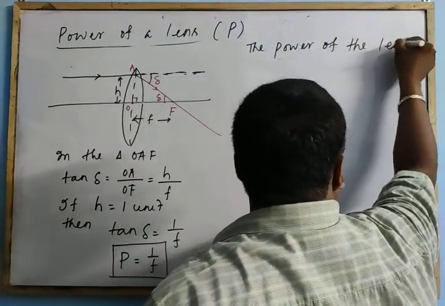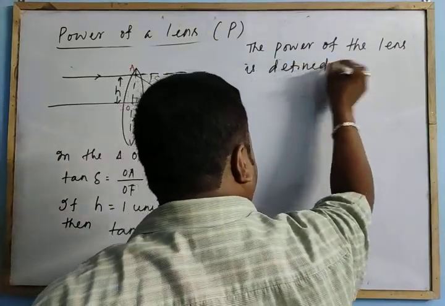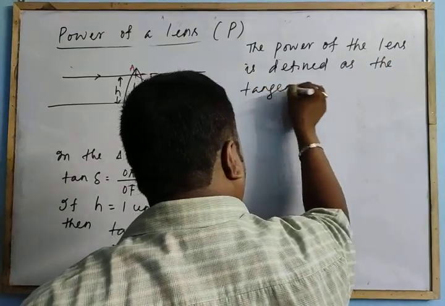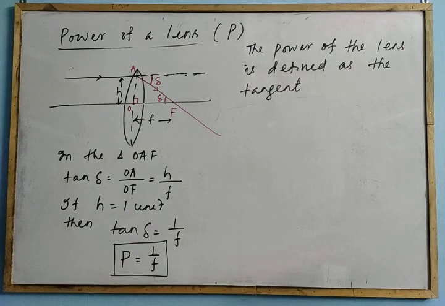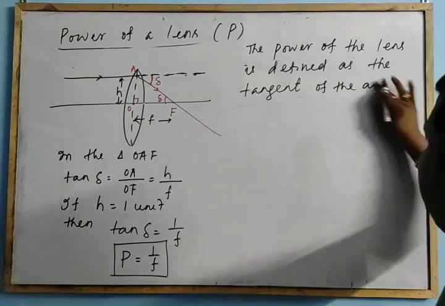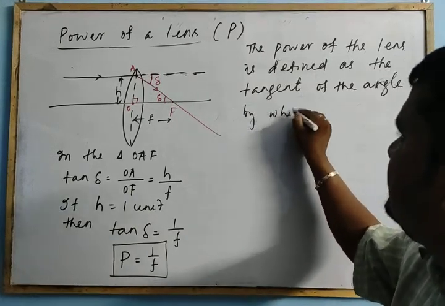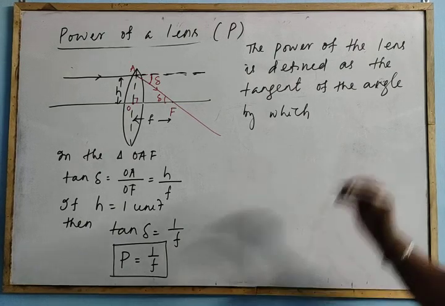The power of the lens is defined as the tangent of the angle by which it converges or diverges.